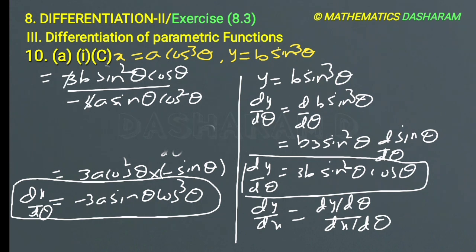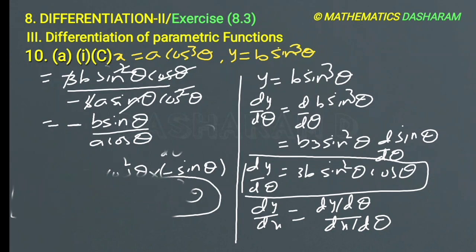Here 3 cancels, sin theta cancels, cos theta cancels. So here I am writing the minus symbol in the numerator. The numerator is b sin theta, divided by a cos theta in the denominator.